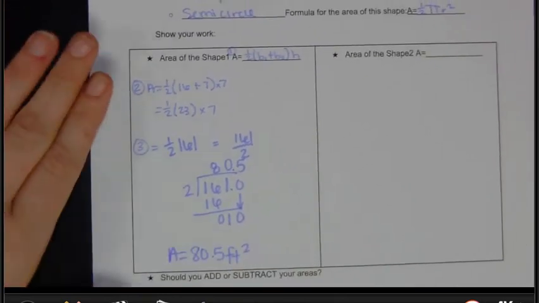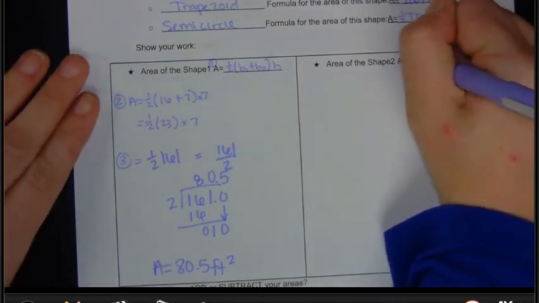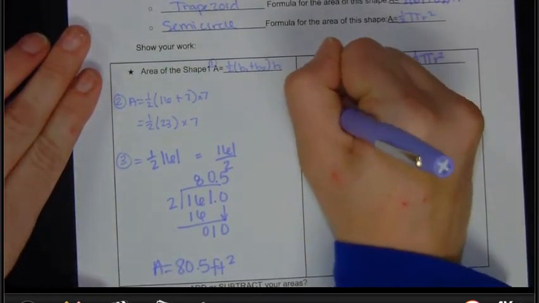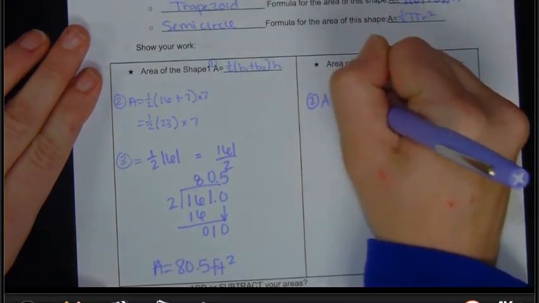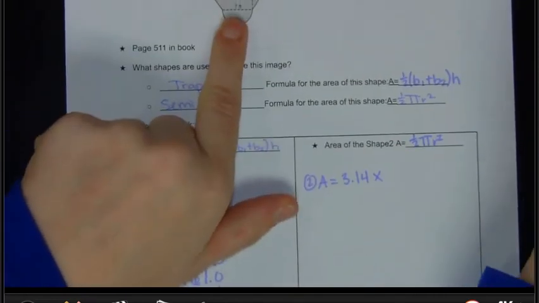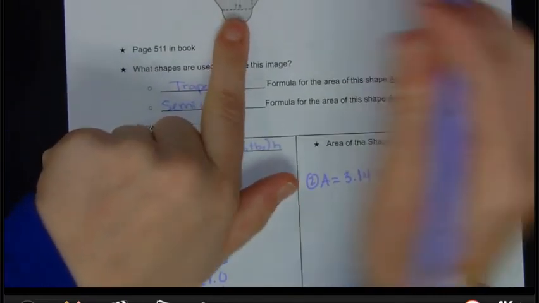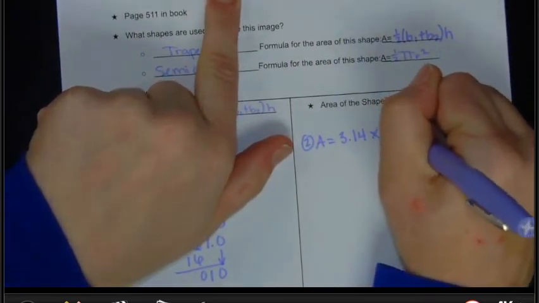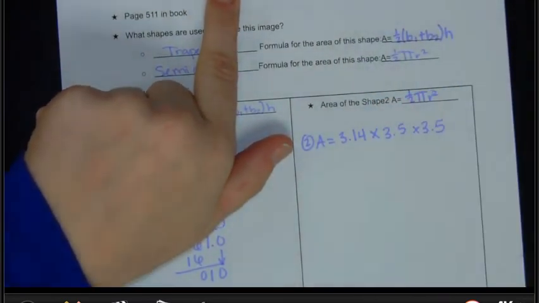All right, my semicircle is 1/2 the area of a normal circle, 1/2 pi r squared. Second step, fill in what I know. Pi turns into 3.14 times my radius squared. My diameter is 7, so what's half of 7? 7 divided by 2 is 3.5, so I have 3.5 times 3.5.